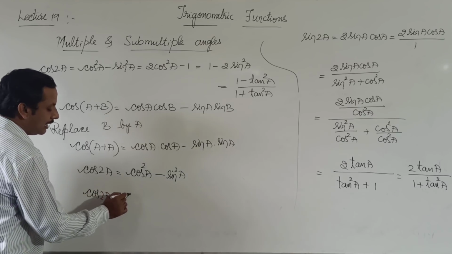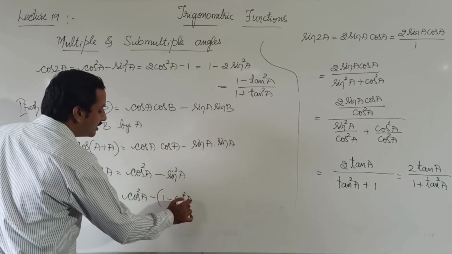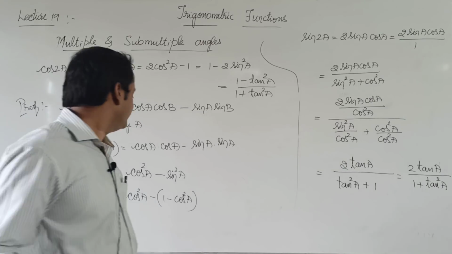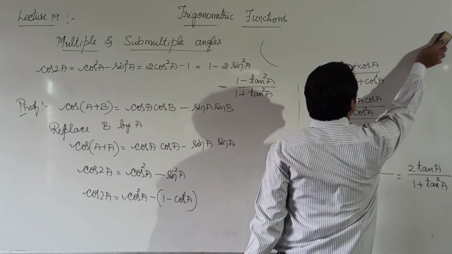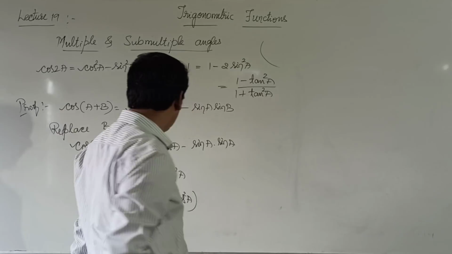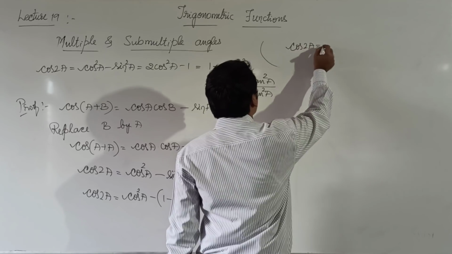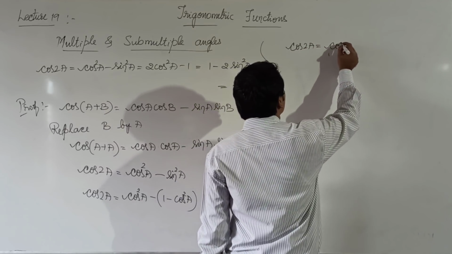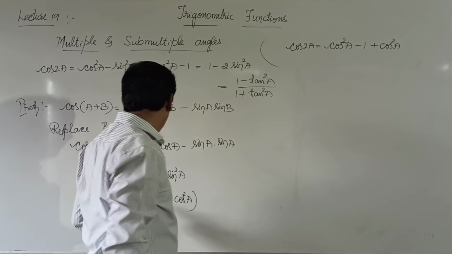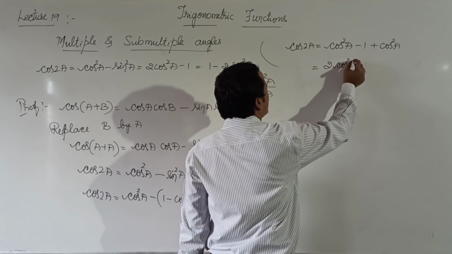For that, I'll keep this cos square a as it is, and sin square a we can write as 1 minus cos square a. Then cos 2a is equal to cos square a minus 1 plus cos square a, that's equal to 2 cos square a minus 1.